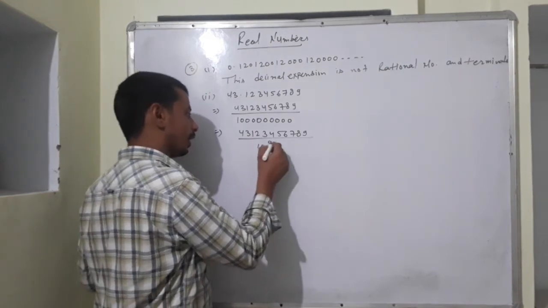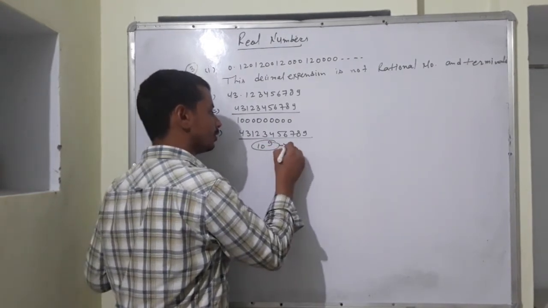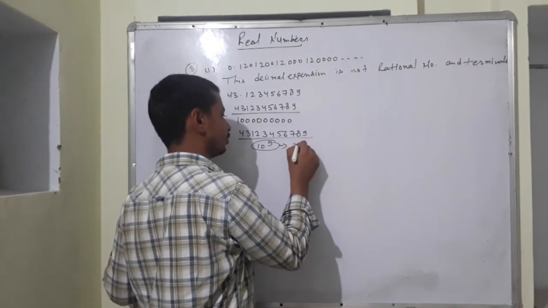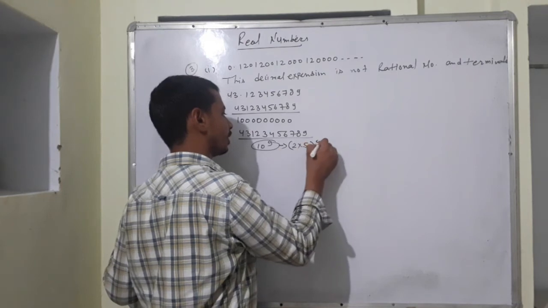Okay, and this 10 power 9 we can write in the form of (2 multiply 5) whole power 9.